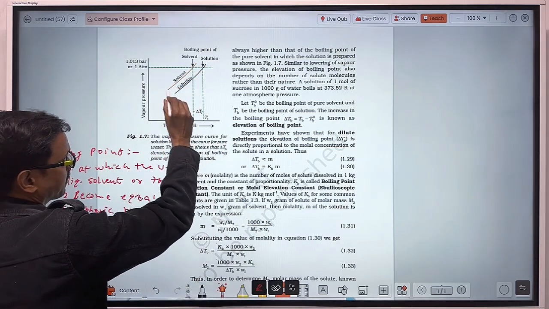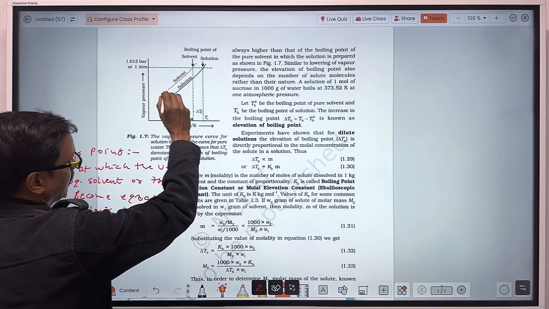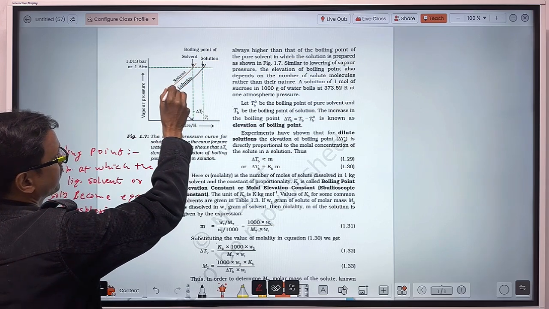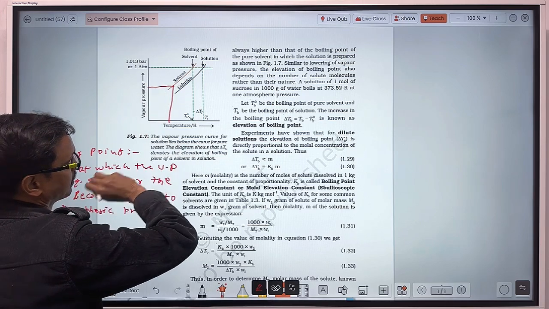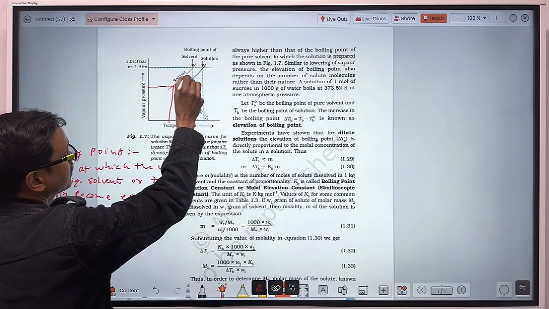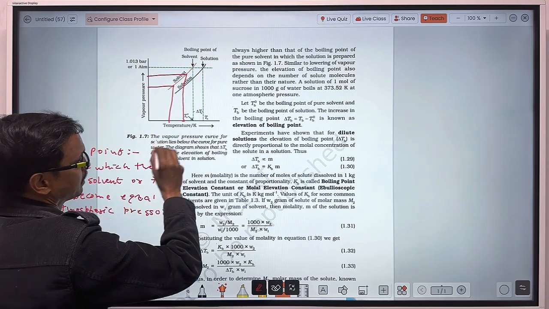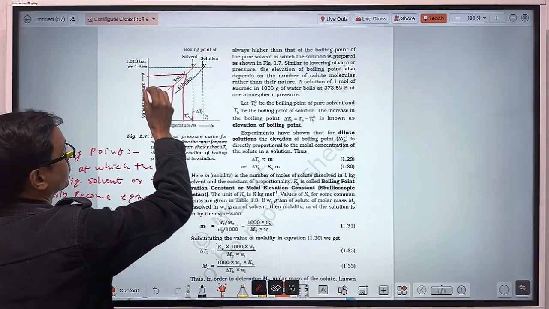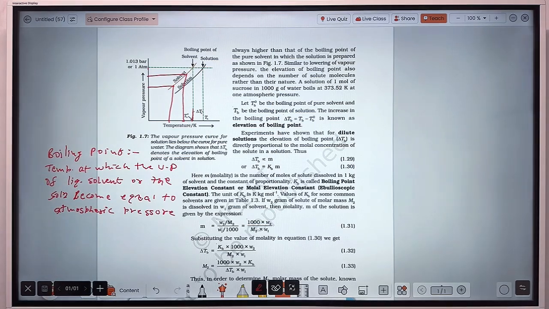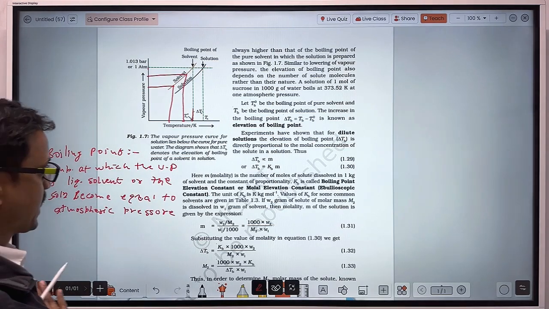As you increase the temperature, the vapor pressure of the solvent increases. At this temperature, the vapor pressure is this much. At this temperature, you have increased it further. Atmospheric pressure is 1 atm, which equals 1.013 bar.